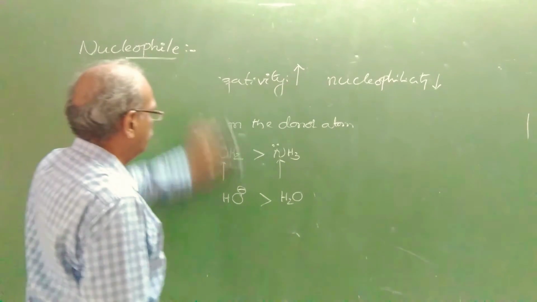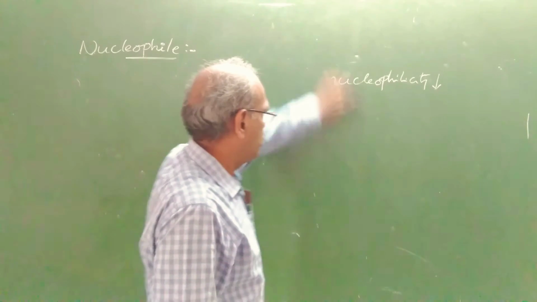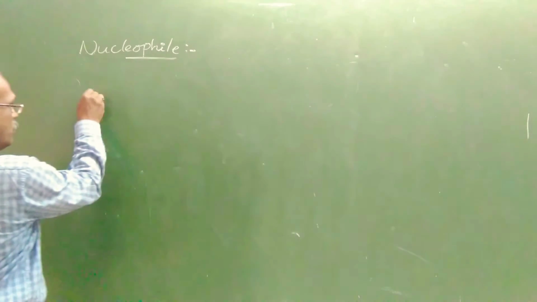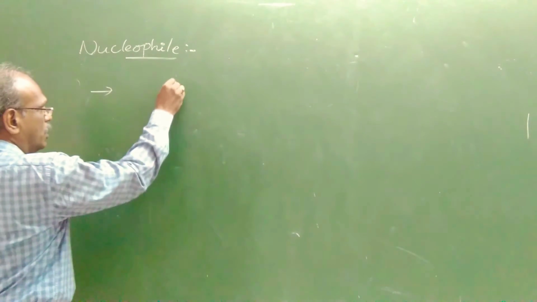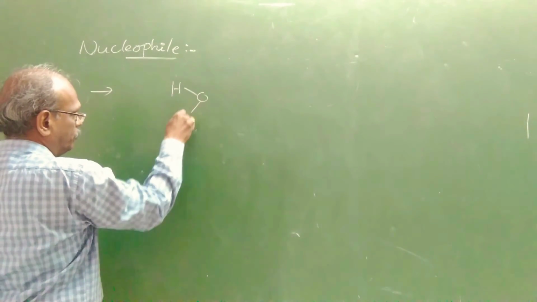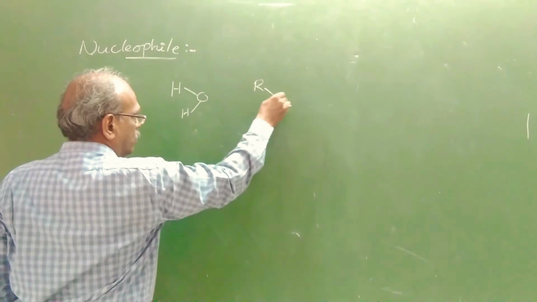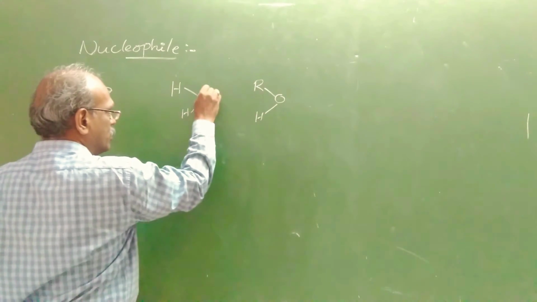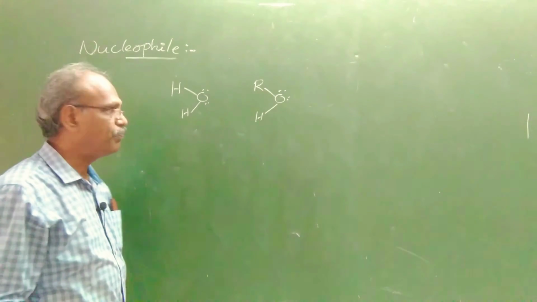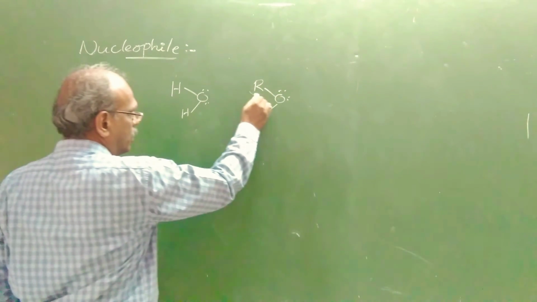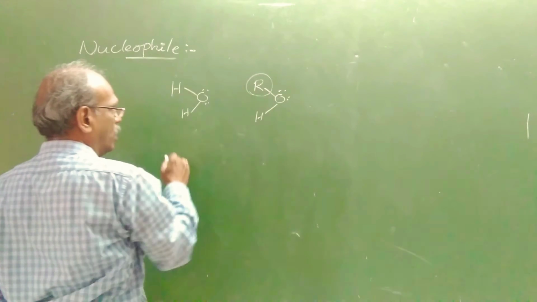Another factor which decides the nucleophilicity of a species. See this? Let's work out with an example. H2O and an alcohol. See, in both cases, the donor atom is the oxygen atom. What's the difference? Here we have alkyl.